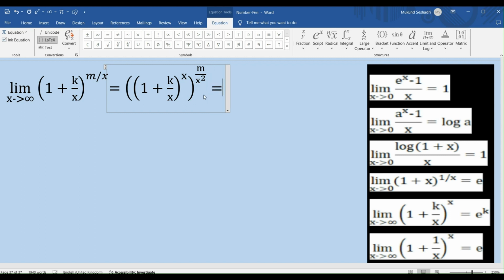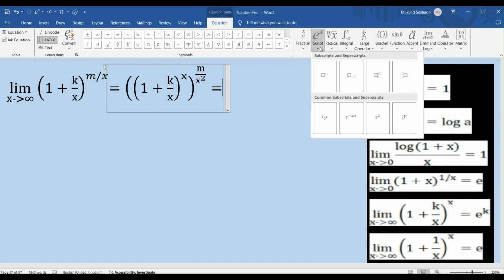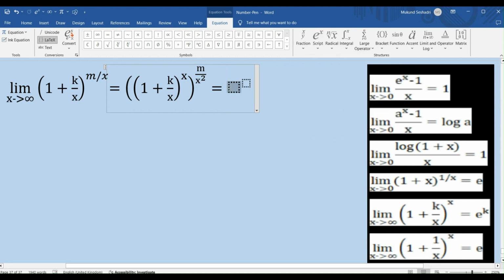we have 1 by x square, which is 1 by infinity, which becomes 0 in the power component, right? So the first part of the expression, which is (1 plus k by x) the whole power x, is nothing but e to the power k. So let me write that out. k, that is what my limit will tend to.